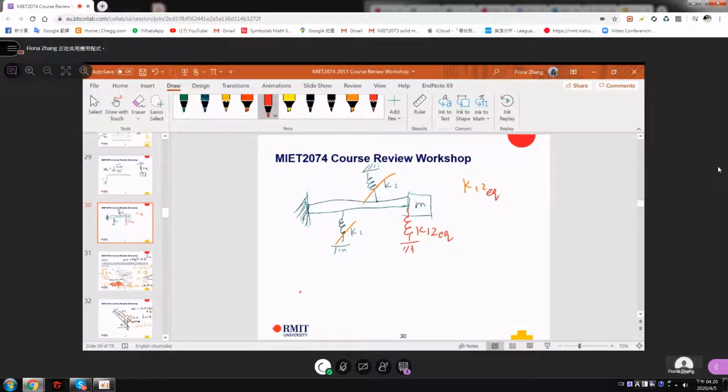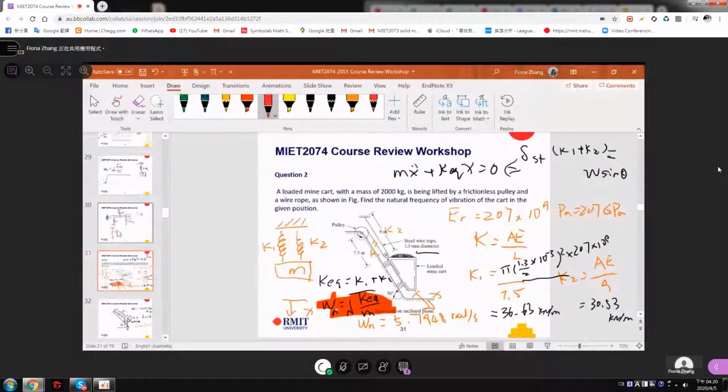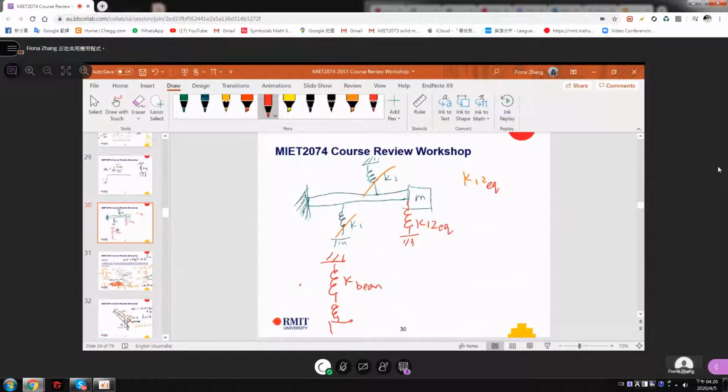So actually the system is like K beam, and this is a mass, and the K1 2 equivalent. If you want to further model this, you can use this equivalent spring. This is an easier way to solve the problem.